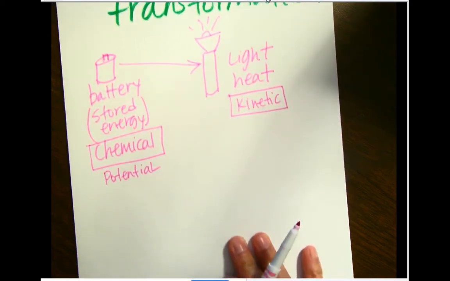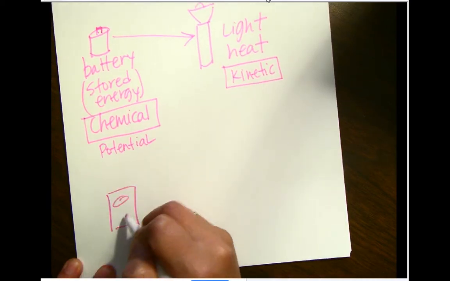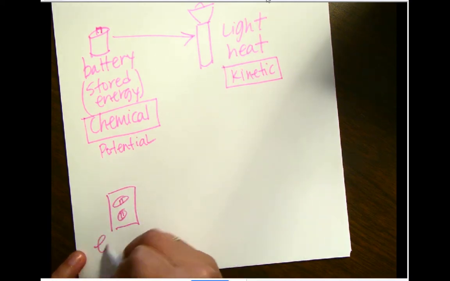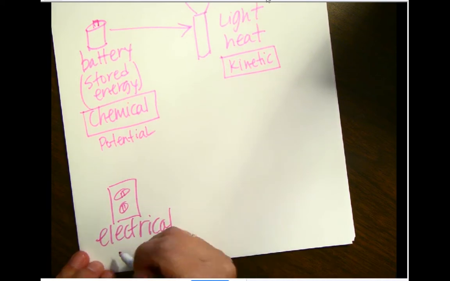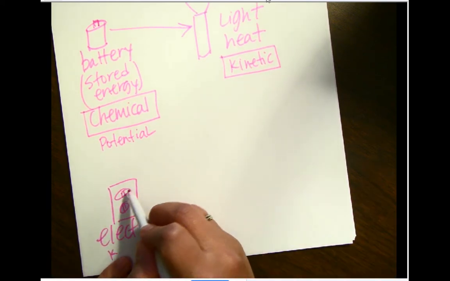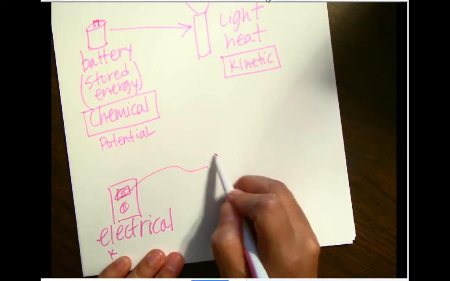Okay? And we can do one more, just as a refresher. So here's an outlet. Okay? So this would be electrical energy. It's a type of kinetic energy. And let's say we plug in a blow dryer.